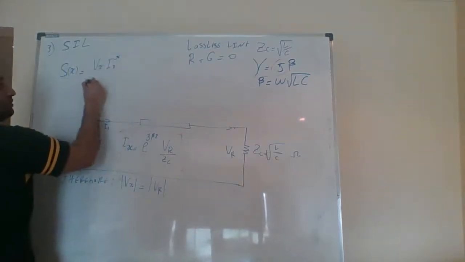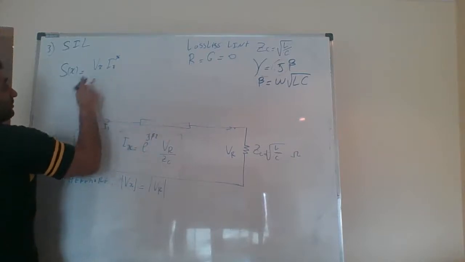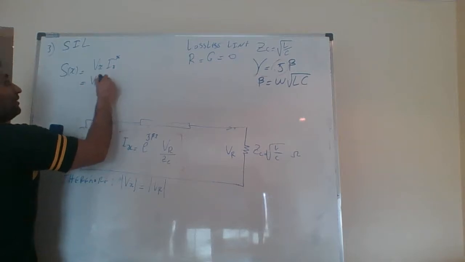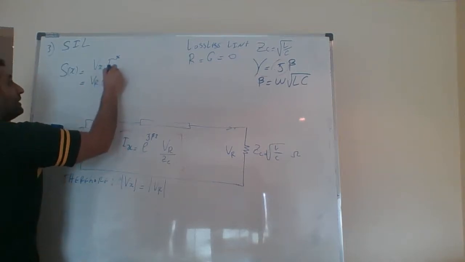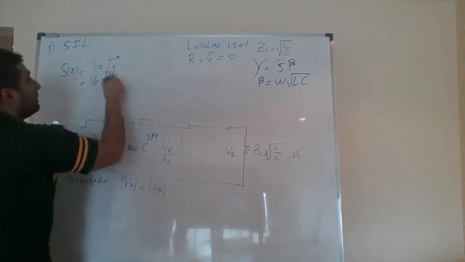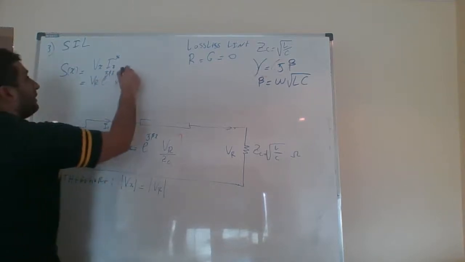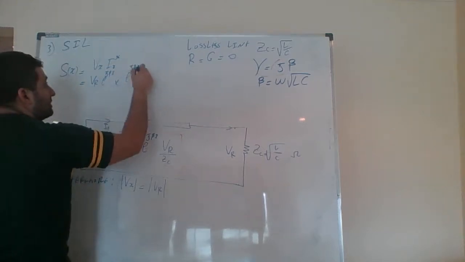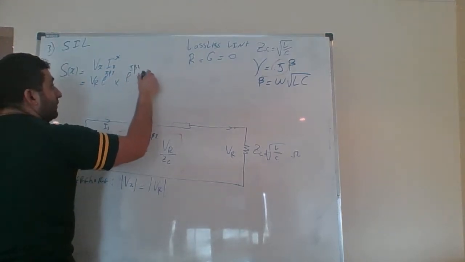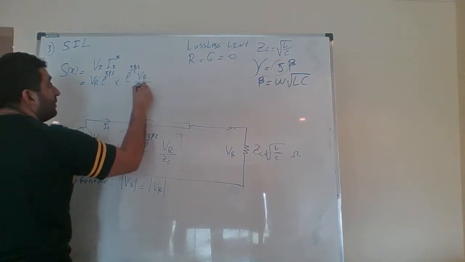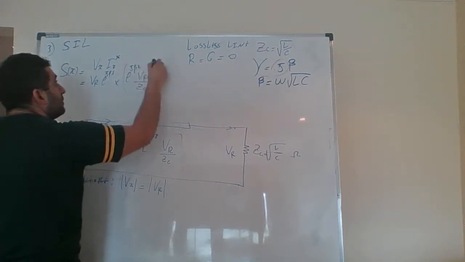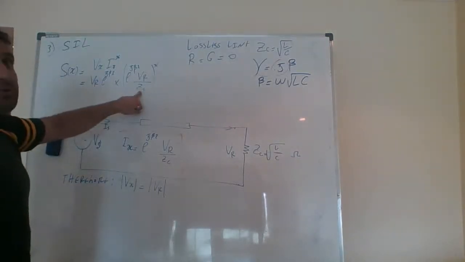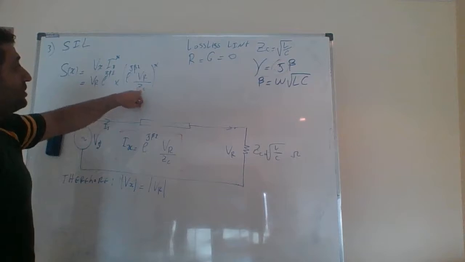Vx is VR e to the j beta x, multiplied by e to the j beta x, VR over Zc, conjugated. Guys, Zc is purely resistive, so the conjugate is exactly the same.